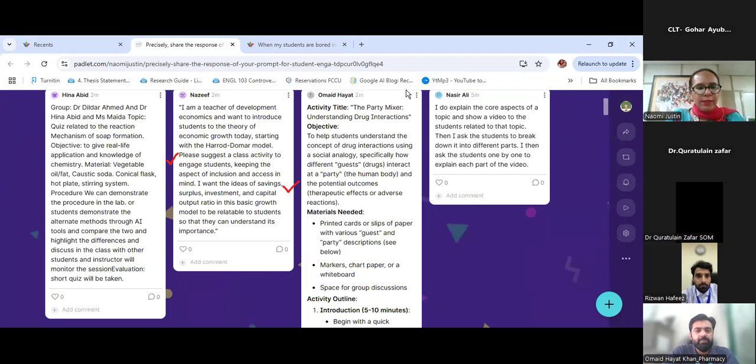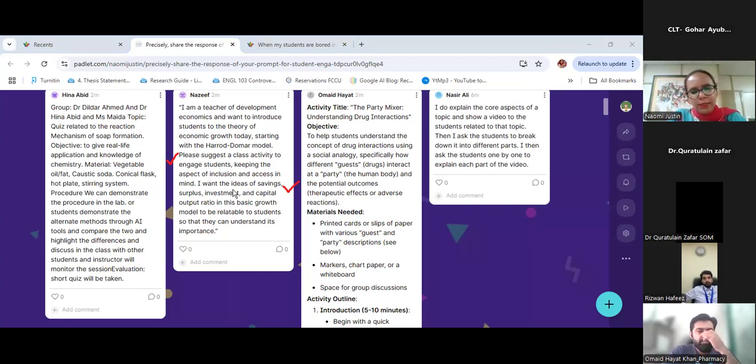And then there are different reasons. Ms. Hina Abid has added, okay, that's interesting. So they're talking about soap formation, and then there can be different materials here. So you can see that there are different strategies one can adopt. I'll just go back to my slide and we'll just wrap it up.